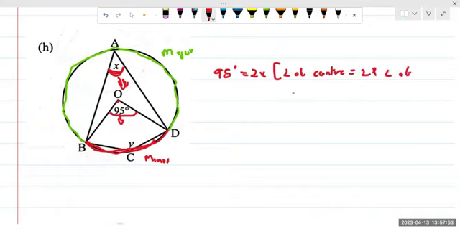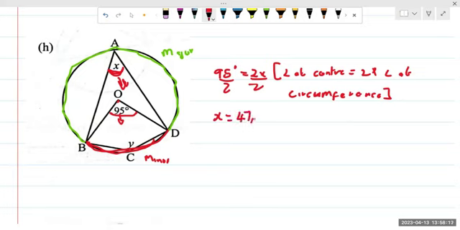Okay, so if we want to get X, we divide by 2 on both sides, and it says X is going to be 47,5 degrees. So we'll give you 1 mark for the statement, 1 mark for the answer, and 1 mark for the statement and reason. So you have 2 marks for this one.